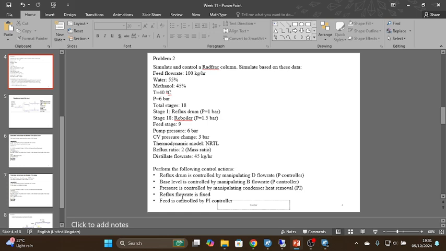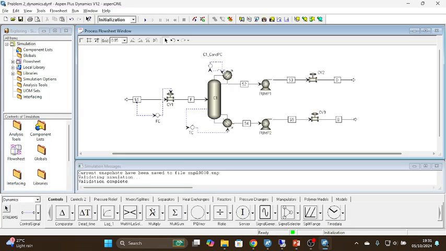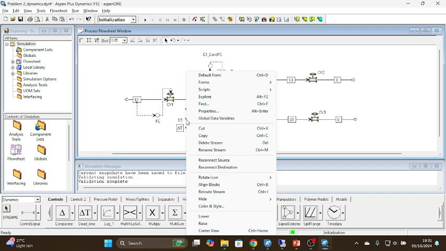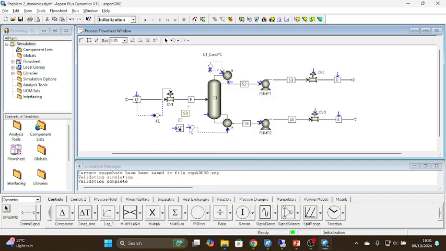What all we need to do, this is done, this is done. So we need to fix the reflux flow rate. Also, I forgot to mention, we need to add a dead time to this controller. So over here we are adding one dead time. We connect the destination.